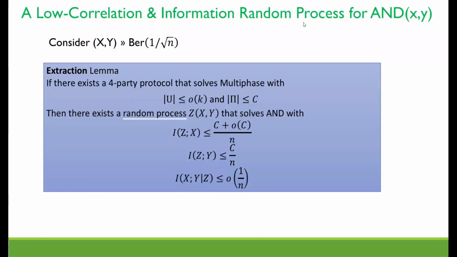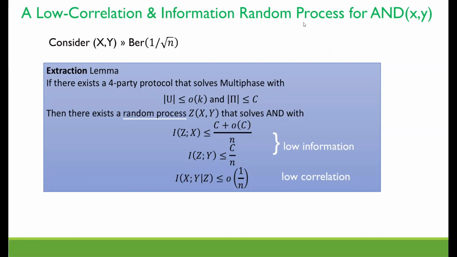As a main technical ingredient, we prove the following extraction lemma. Suppose x and y are distributed from Bernoulli 1 over square root n. If there exists a too-good-to-be-true protocol for multiphase, then there exists a random process with low information and low correlation.